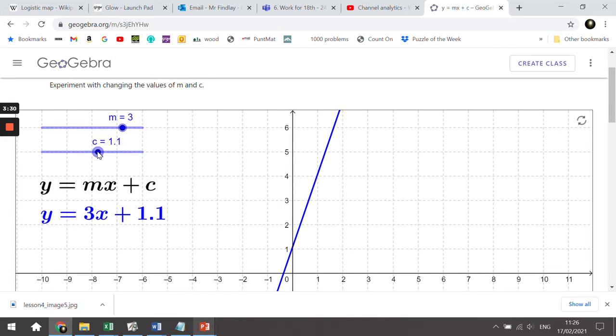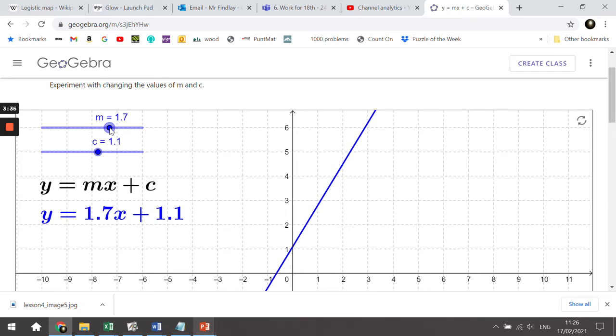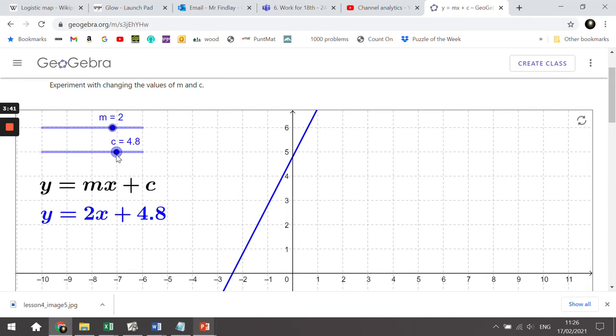Now, if we move the c, in fact I might just change m back to maybe 2. If I change the c, we can see if we make c bigger, our graph's not getting steeper anymore, but it does appear to be moving up and down. Now, if I make c 1, this is a key thing. We see we cross the y-axis at 1.